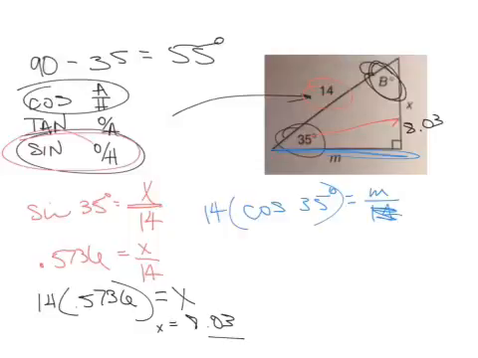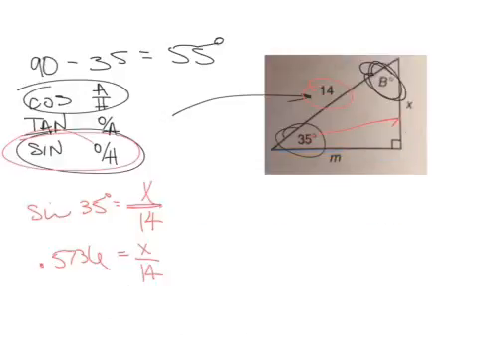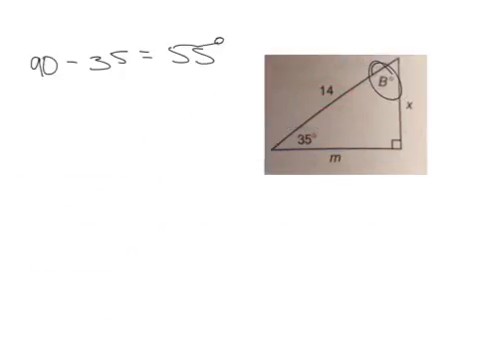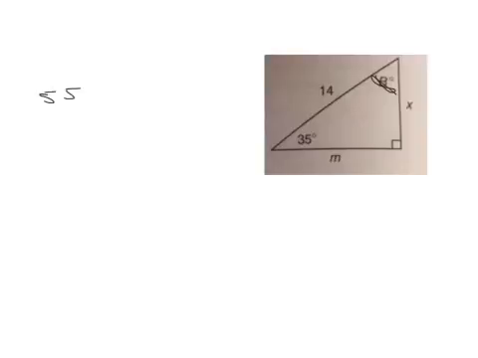Alright, let me show you something else here. Let me get rid of all my scratchings. What else can I do? I know B is 55 degrees. What if I wanted to find M using 55? Well, M is opposite.